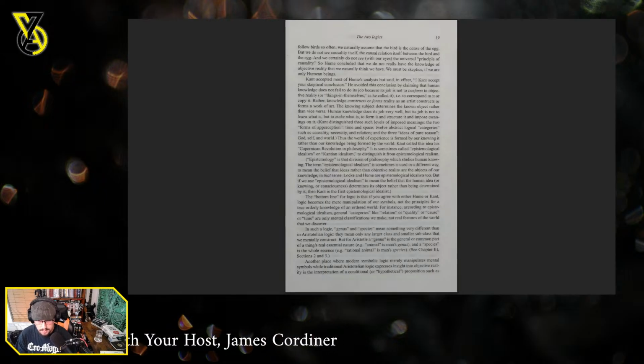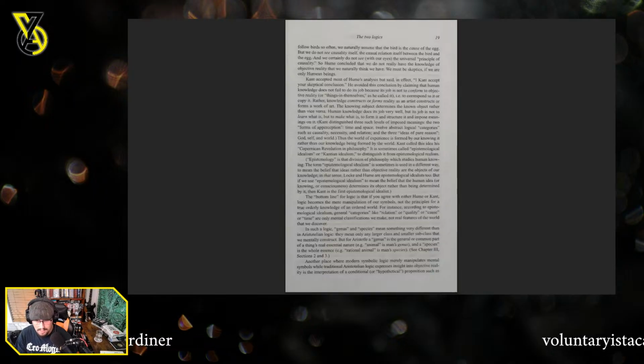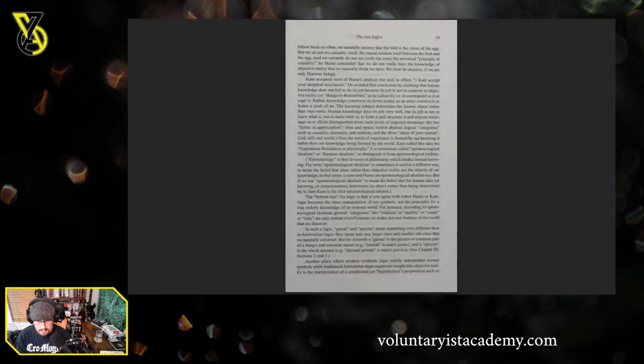For instance, according to epistemological idealism, general categories like relation, or quality, or cause, or time are only mental classifications we make, not real features of the world that we discover. In such a logic, genus and species mean something very different than in Aristotelian logic. They mean only any larger class or smaller subclass that we mentally construct.